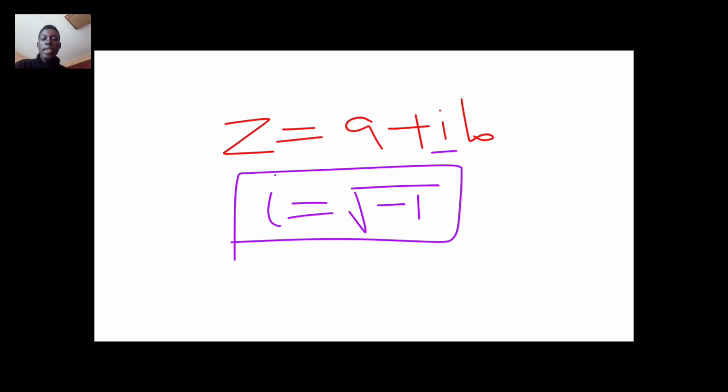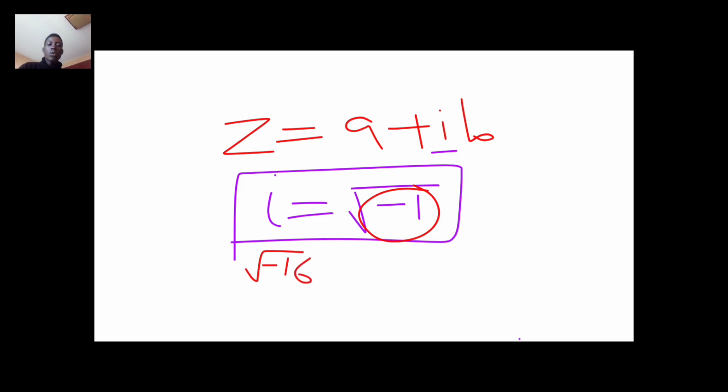If you see i in complex numbers, i is just representing the square root of -1, and this makes it easy for you to solve any number which is under a root.